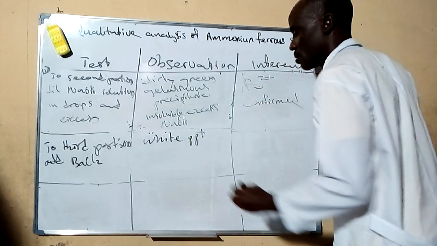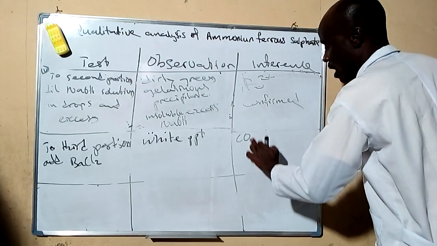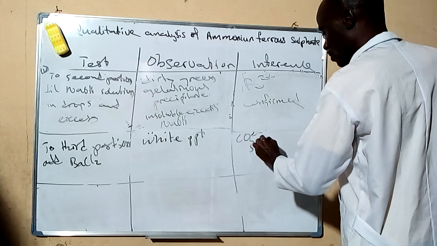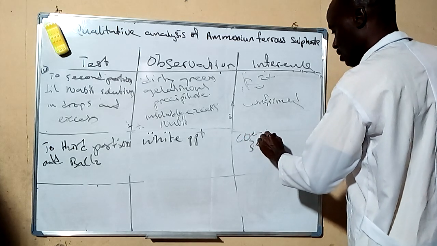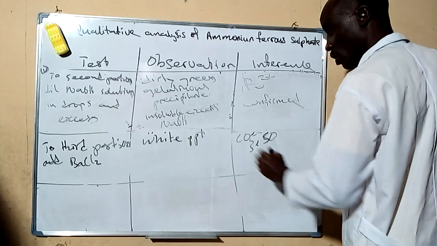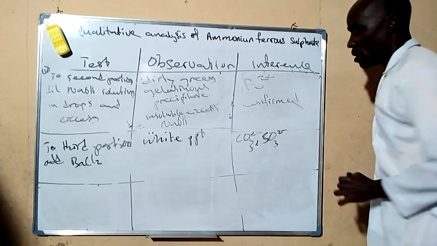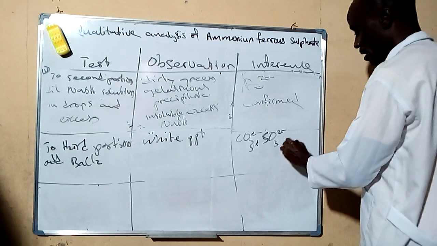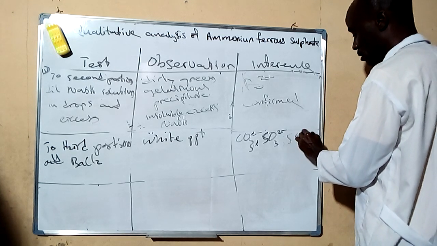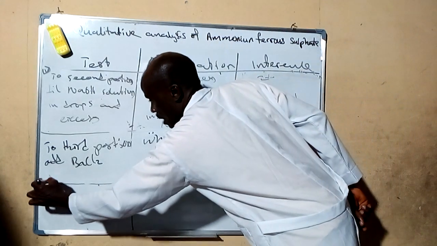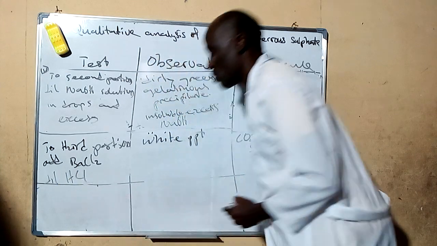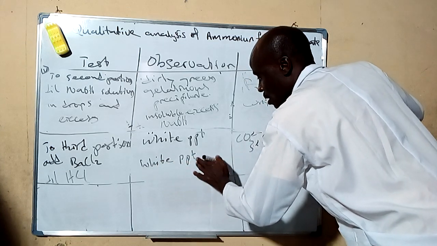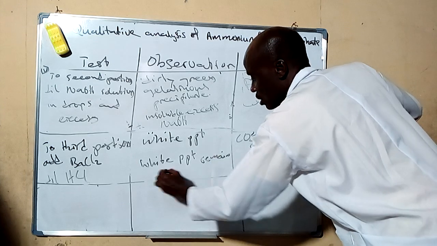White PPT indicates the presence of trioxocarbonate(IV) ion, and it means the solution is likely to have trioxosulfate(IV) ion and also tetraoxosulfate(VI) ion. On addition of dilute HCl, the white precipitate remains insoluble.